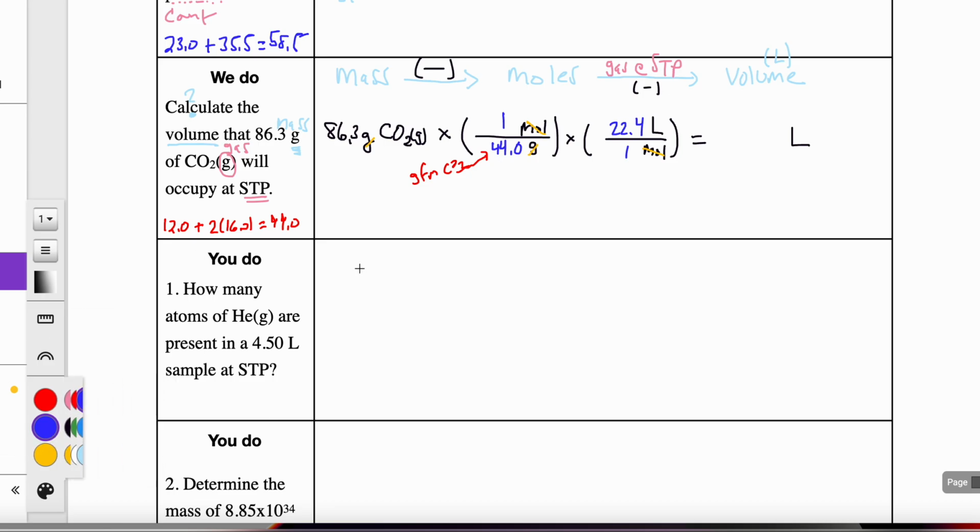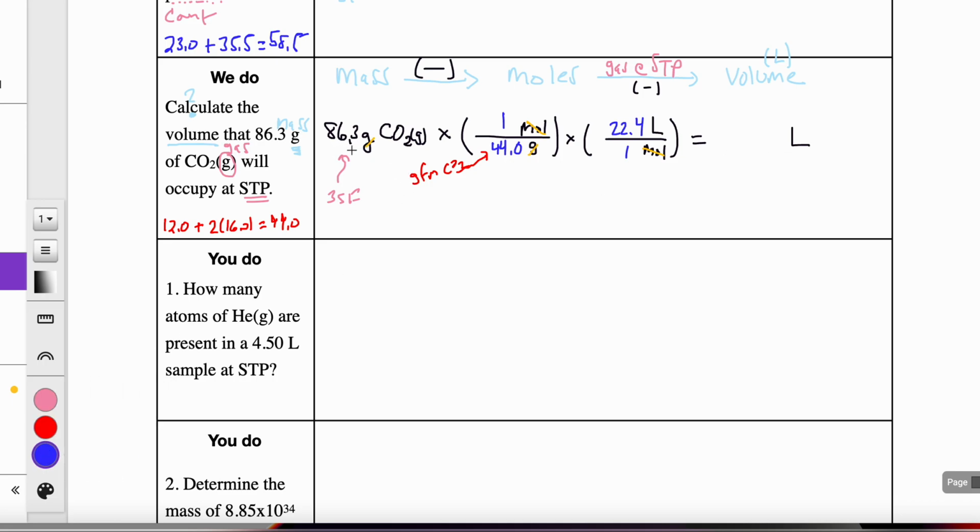So now in my calculator, 86.3 divided by 44, because 44 is down in the denominator, times 22.4, because that is in the numerator. Our starting mass has 3 sig figs, so our final volume can only have 3 sig figs.